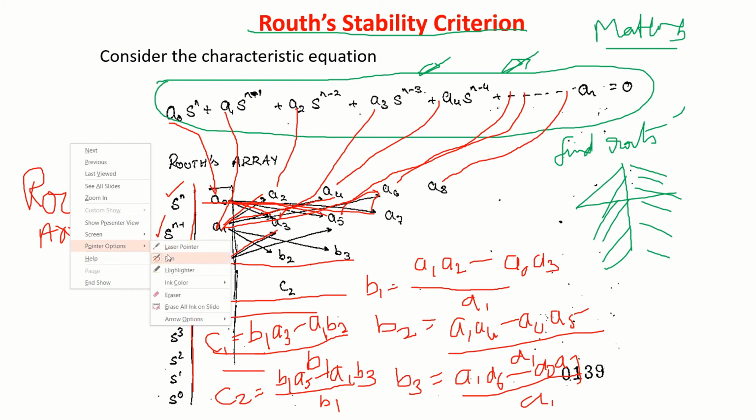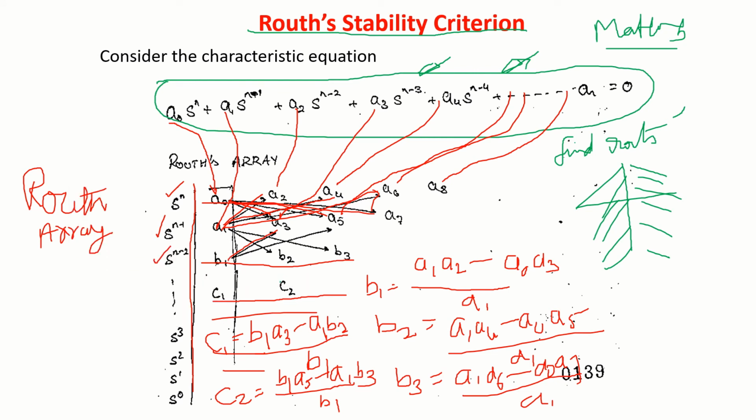After that, you check only the first column elements. Suppose all these elements are positive, provided A0 is positive, then the system is stable. All the roots are on left hand side.